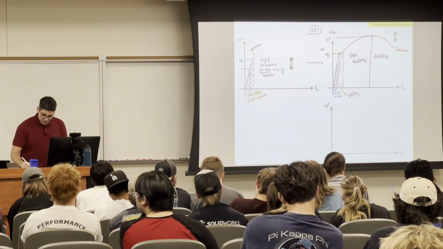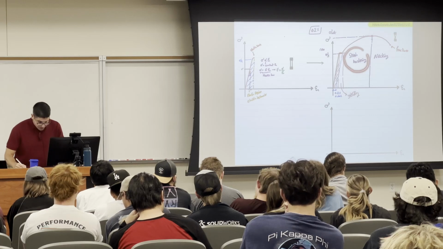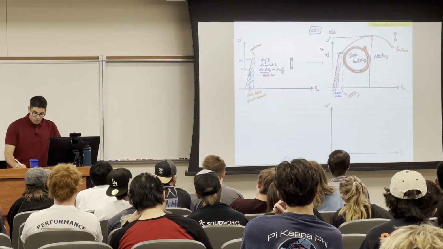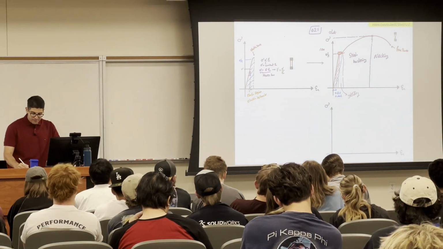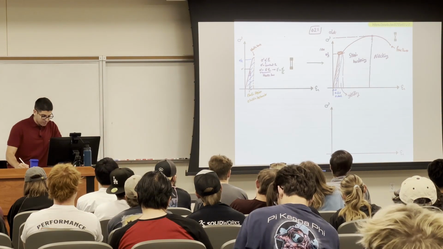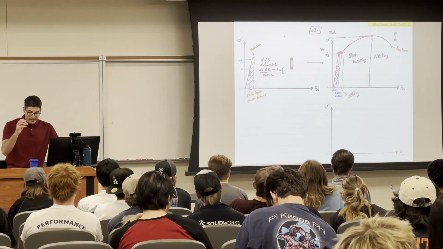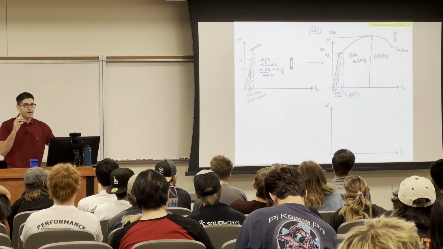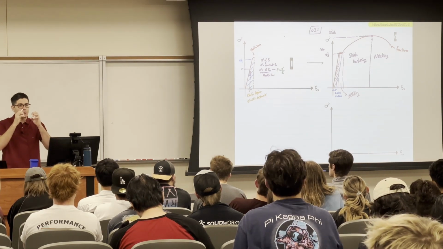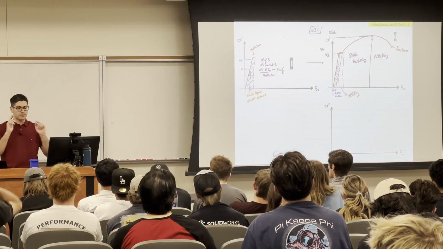So another thing why we call this strain hardening, it is what happens here. We all agree at the yield stress, there is a breakdown at the molecular level. That's when the molecules start to break and are ready to deform permanently.